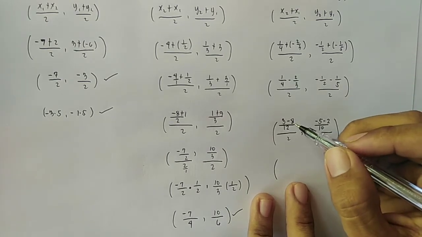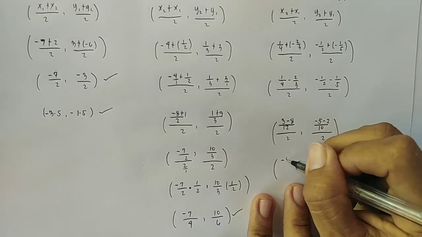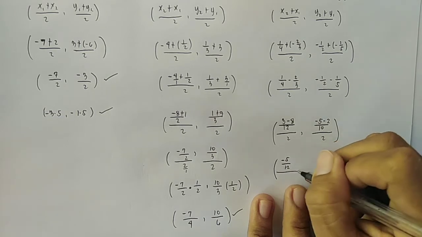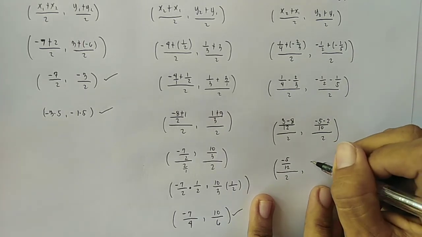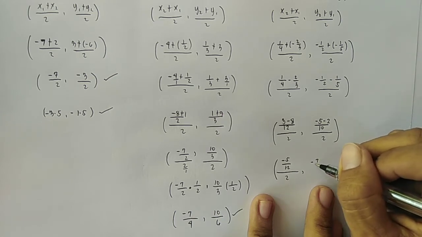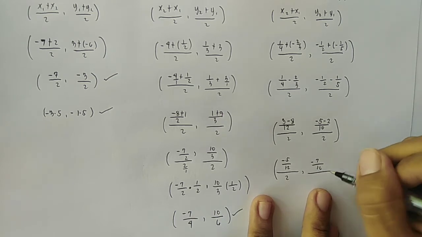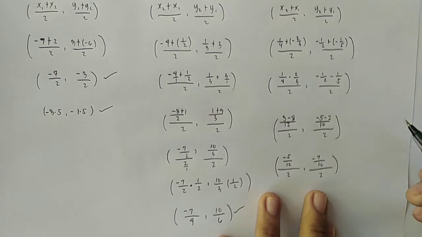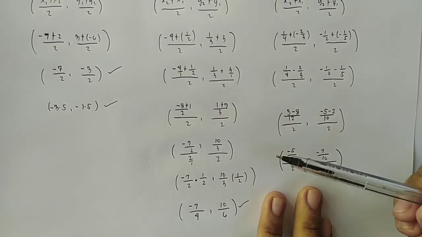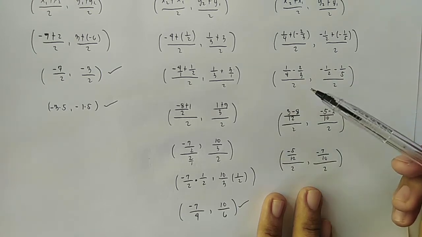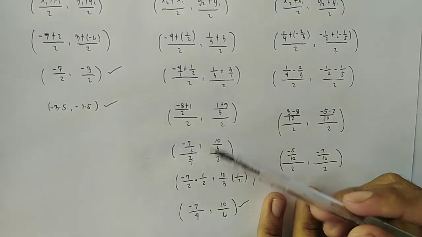So simplify further. 3 minus 8 is negative 5 over 12, all over 2. Negative 5 minus 2 is negative 7 over 10, all over 2. Again, we do the same thing that we did in example number 3.